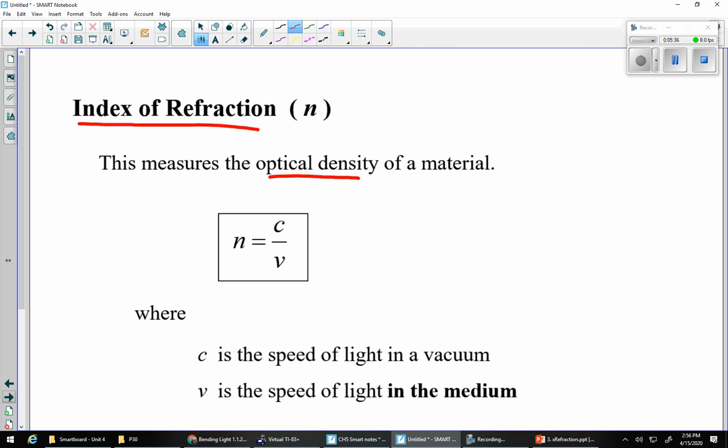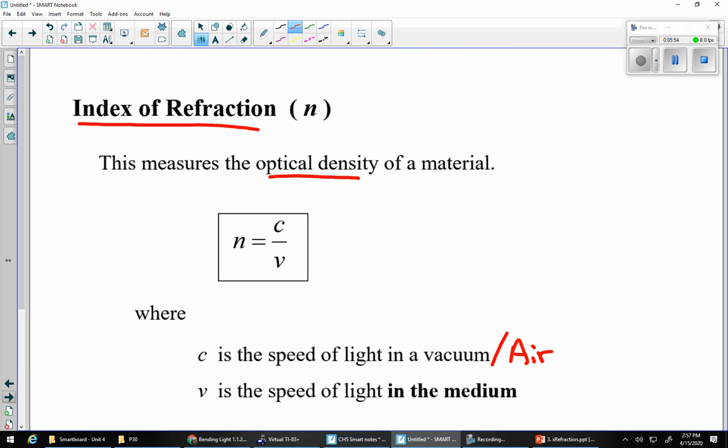So our formula for this is fairly straightforward. N, our index of refraction, or our optical density, is equal to c divided by v. C is the speed of light in a vacuum, or we often assume that air is close enough, and for most purposes it's pretty close to the speed of light in a vacuum.